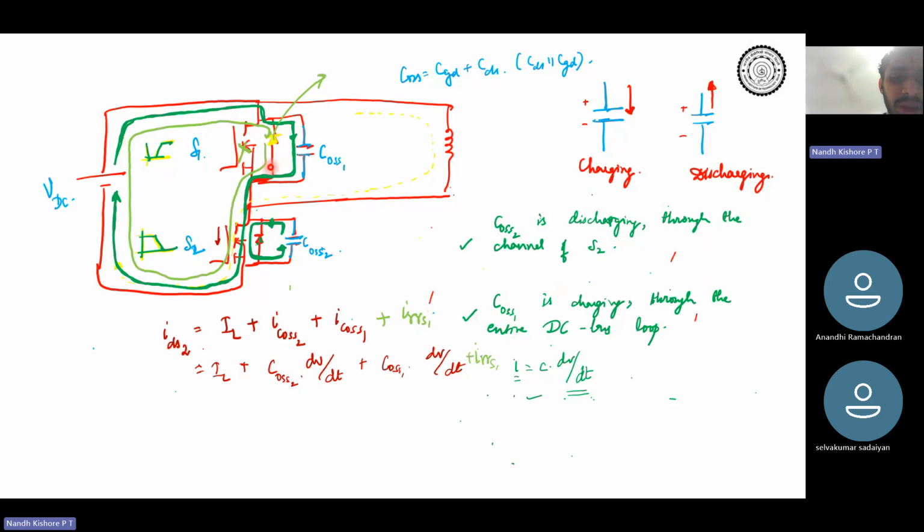So what is the channel current IDS? Now it is the total load current plus the reverse recovery of the antiparallel diode, and then COSS2 discharging and COSS1 charging. Do you understand this mechanism?